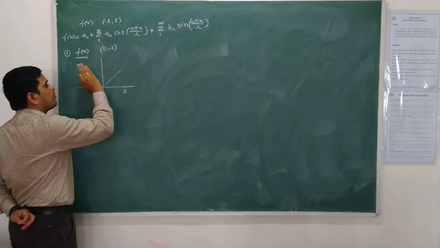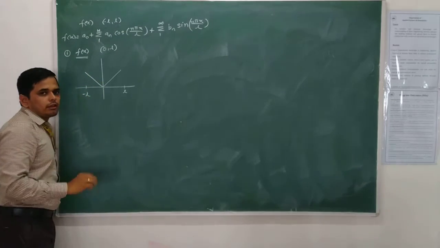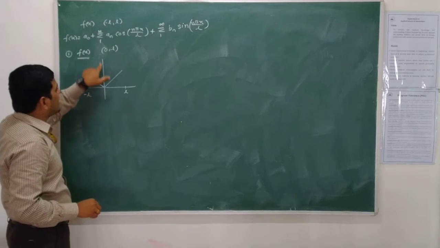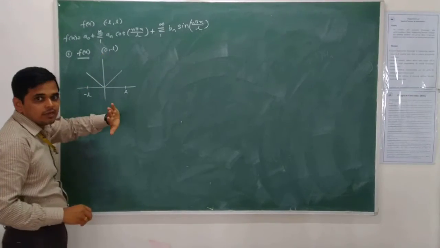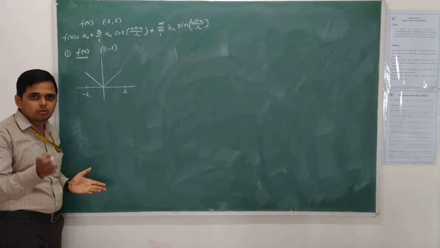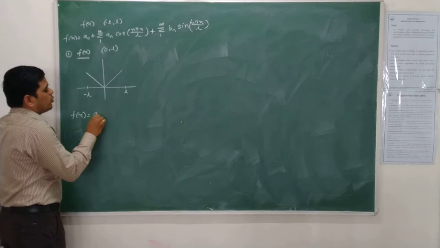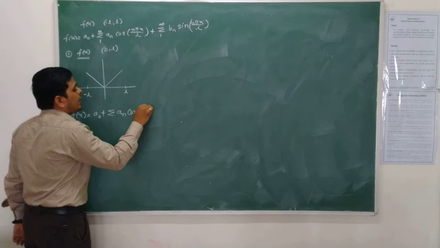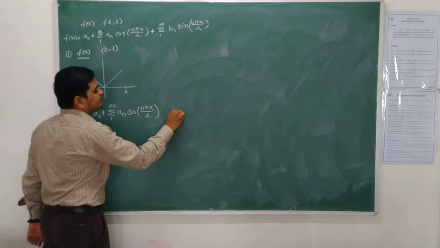I will take the reflection about the y-axis, so we get the same thing over here, from minus l to 0. While taking this reflection, we get the y-axis as an axis of symmetry. Hence, the function becomes even, and therefore bn will be 0. That part we have already seen. Hence, the Fourier series is given by f of x is equal to a naught plus summation an cos of n pi x upon l, and bn will be 0.